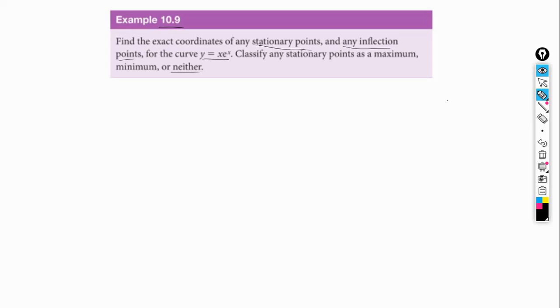Okay, so if we have that y is equal to x times e to the power of x, well then this is obviously u and this is v. And let's recall that the derivative of such functions would be equal to u times the derivative of v plus v times the derivative of u.